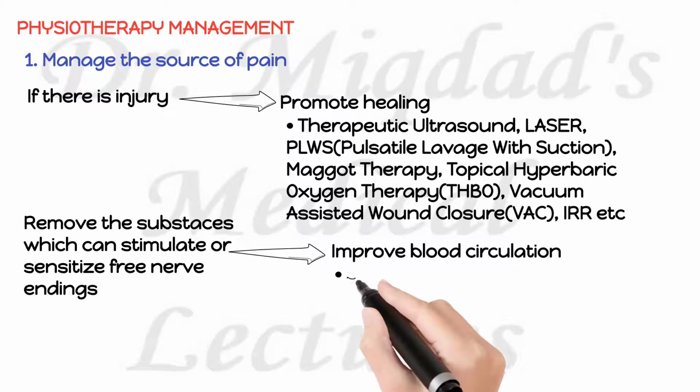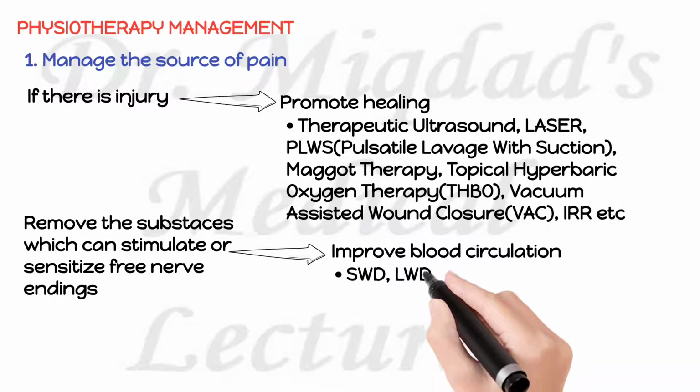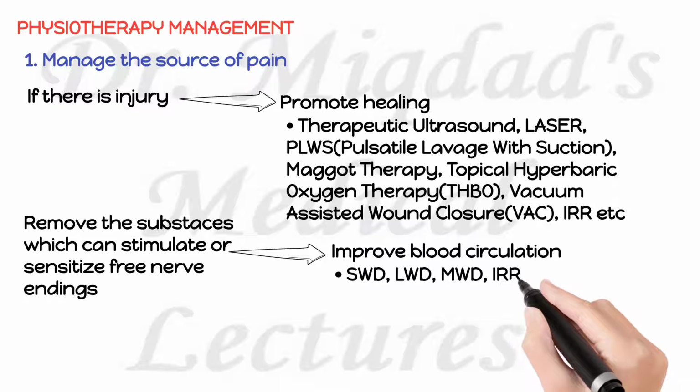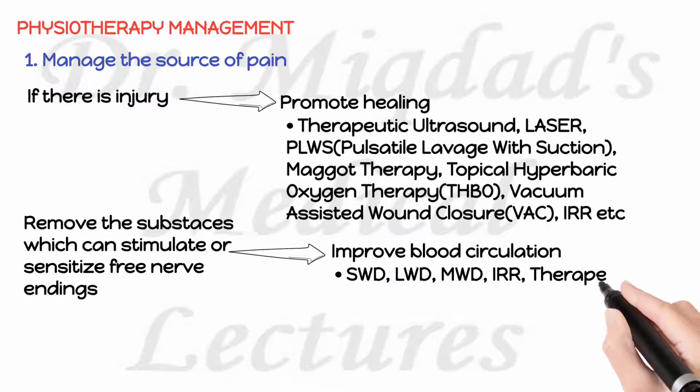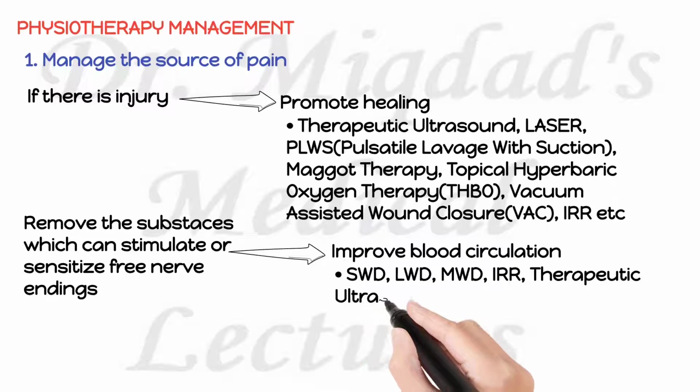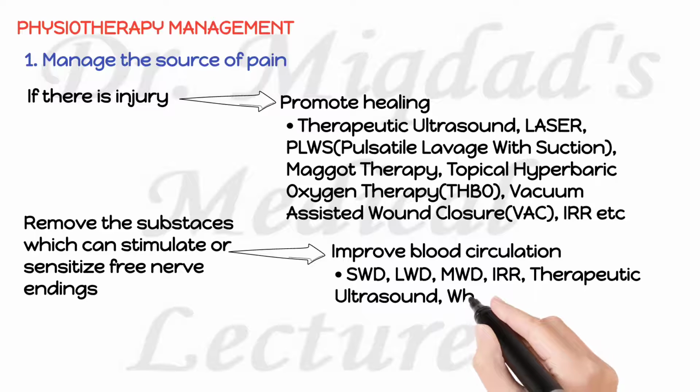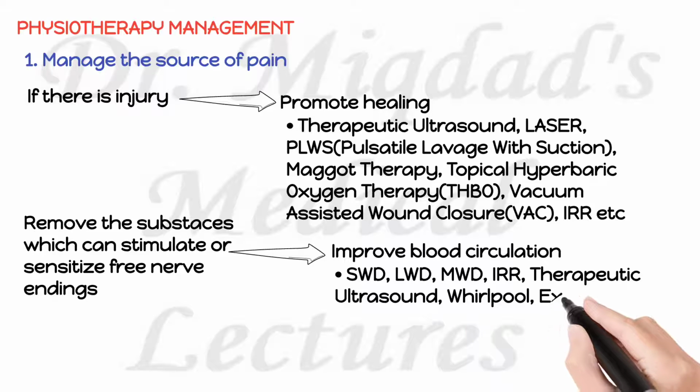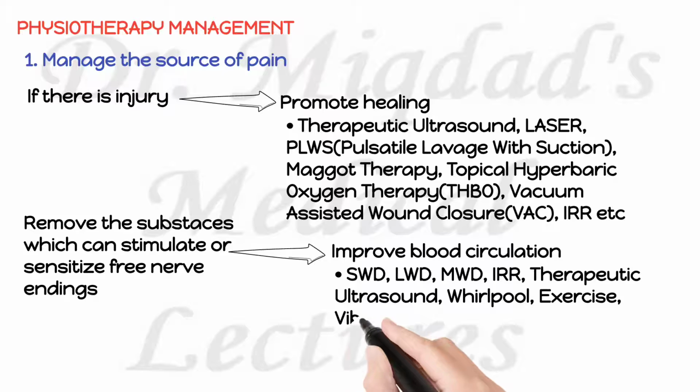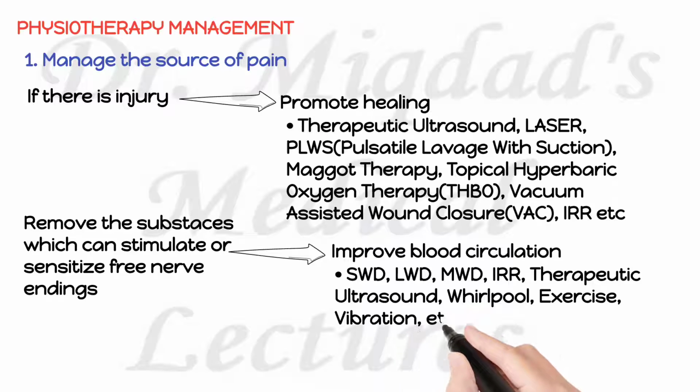There are various modalities which can improve the blood circulation, like shortwave diathermy SWD, long-wave diathermy LWD, microwave diathermy MWD, infrared radiation, therapeutic ultrasound, whirlpool, exercise, vibration, etc. Here also I should remind that I am just summarizing the modalities, as discussing the selection of one particular modality from these or deciding their treatment parameters, indications and contraindications is beyond the scope of this lecture.